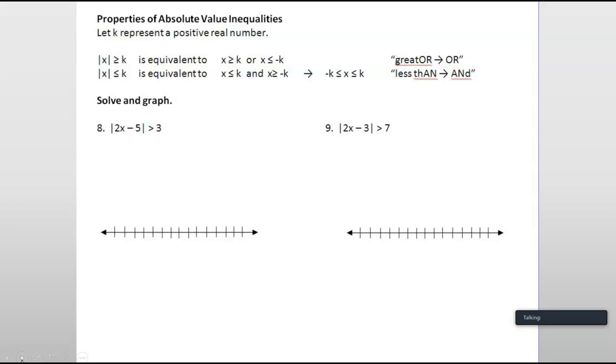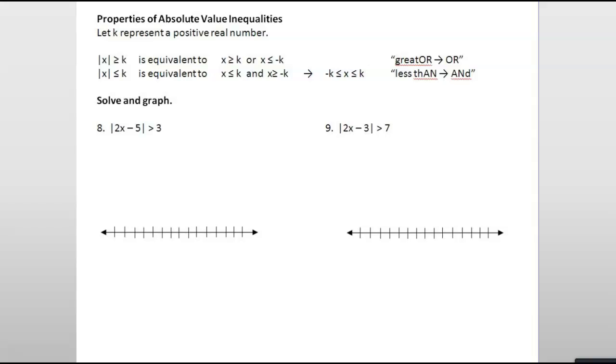We're going to have to learn how to split our absolute value equations. The second part is when the absolute value is less than, which makes it an "and." So when we split it, they become an "and" problem. We're either going to split to an "or" or split to an "and."